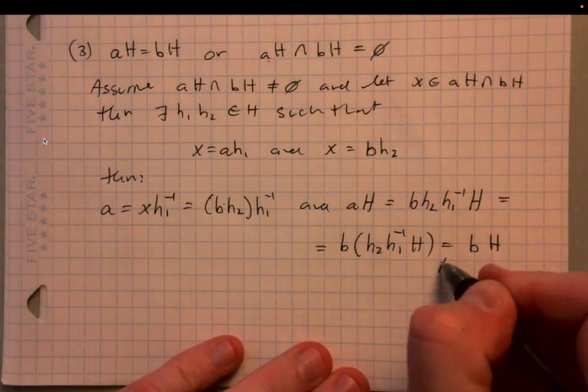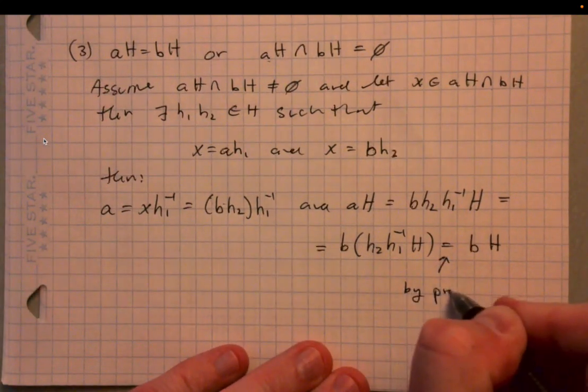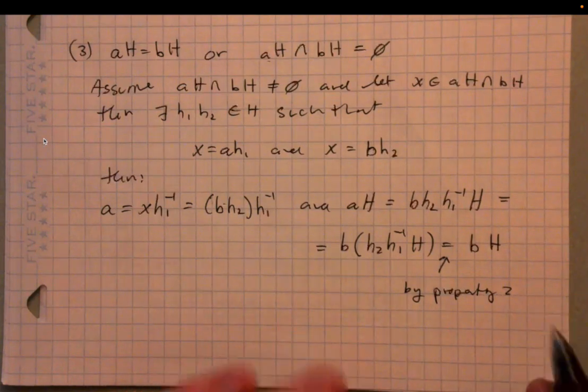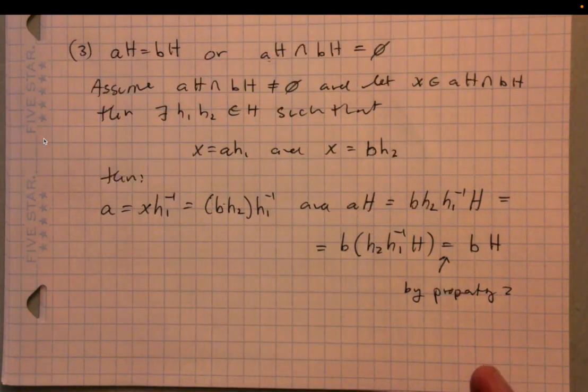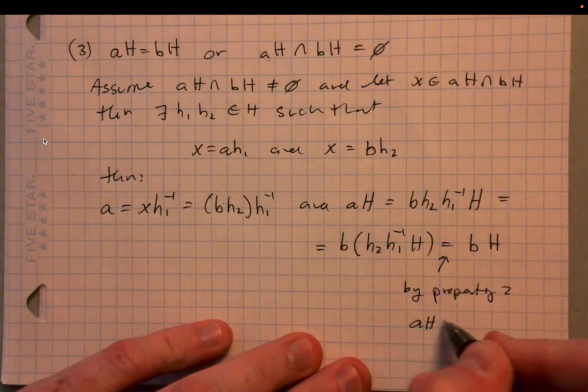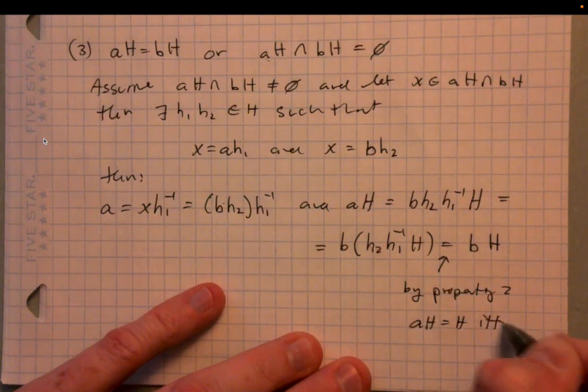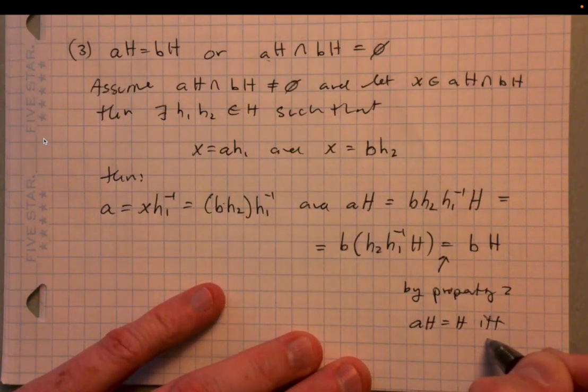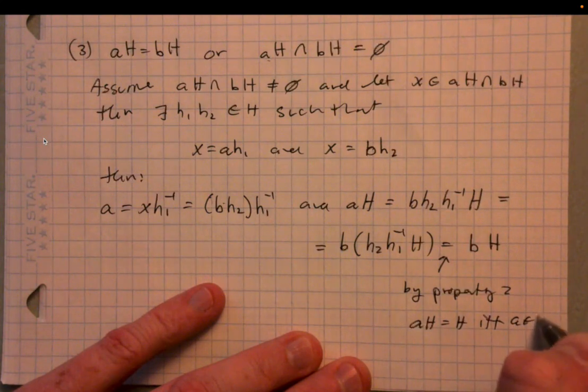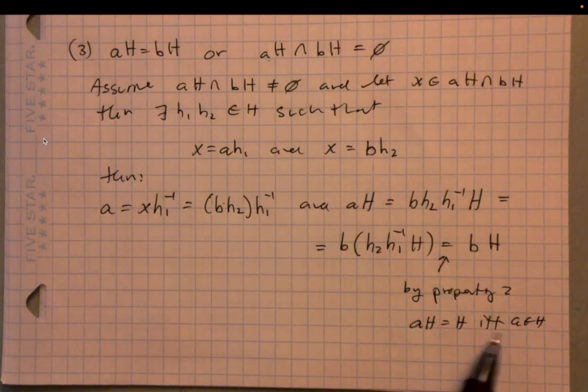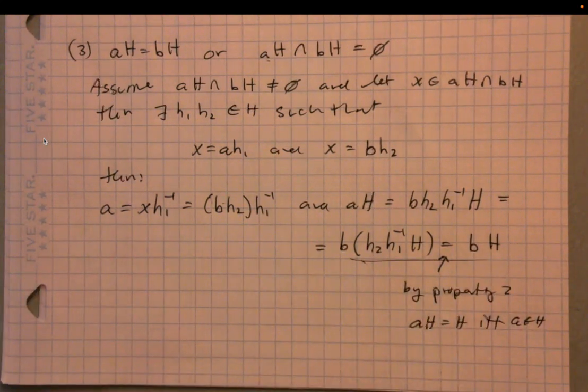Well, this is by property 2. Remember property 2? Property 2 said that AH equals H if and only if A is in H. Okay. So that works. That's how that comes about. Very good.